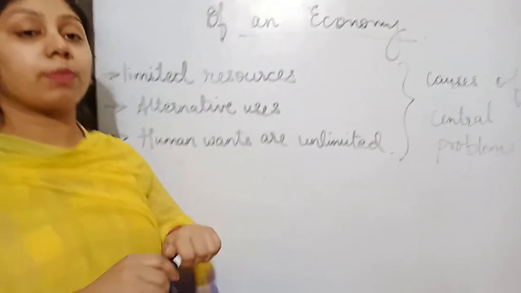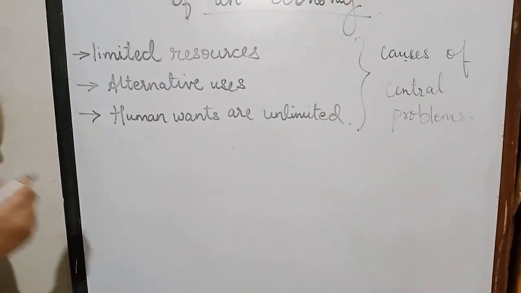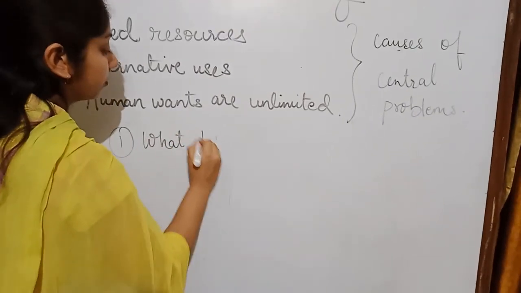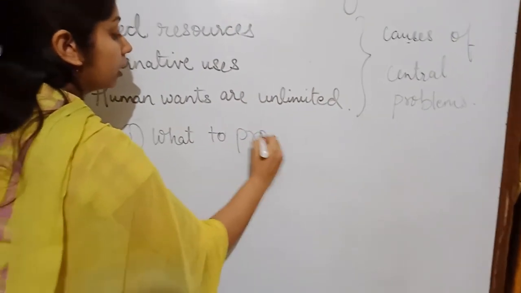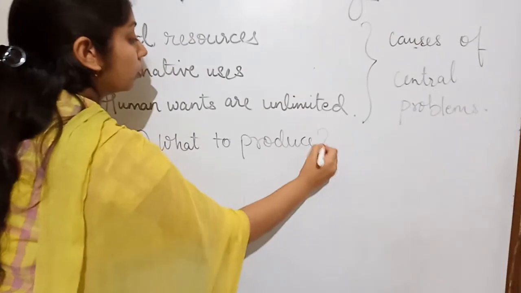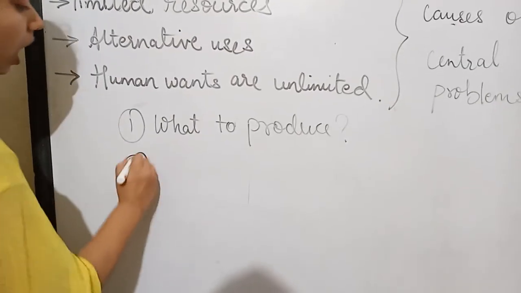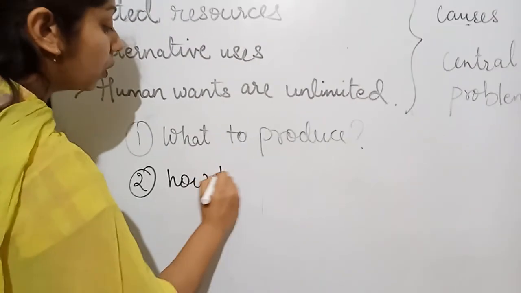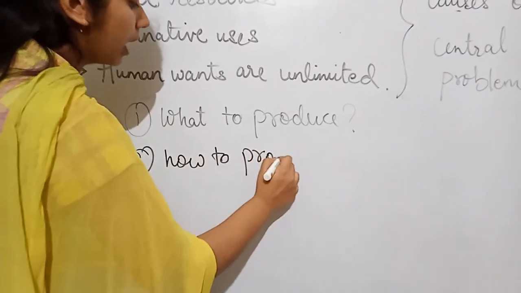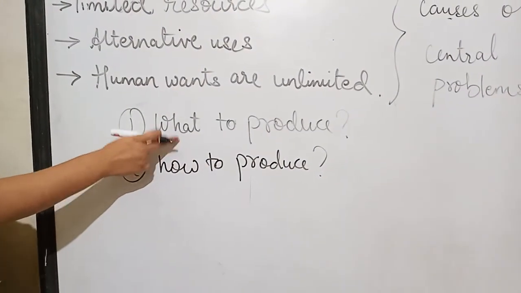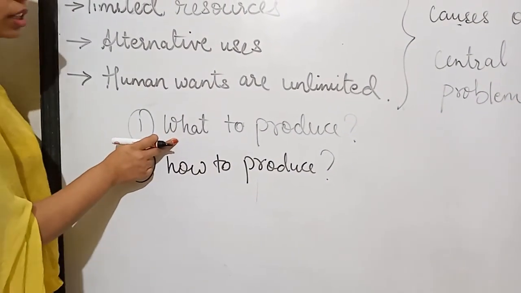Now there are three types of central problems. The first one is what to produce. Second point is how to produce. We have to first decide what we have to produce according to the given situation, according to the demands and needs of the consumers.